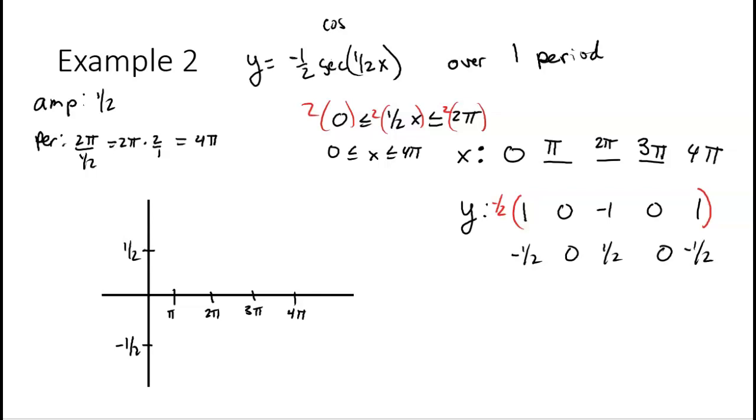Again, plot our first numbers in blue. So -0.5, 0, +0.5, 0, -0.5. We are then going to do our asymptotes at the second and fourth number.